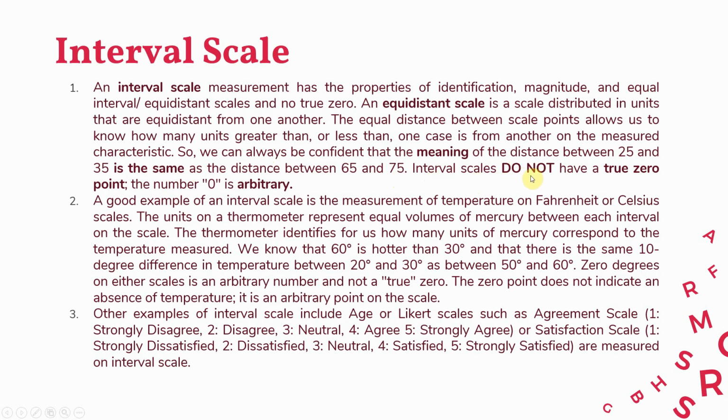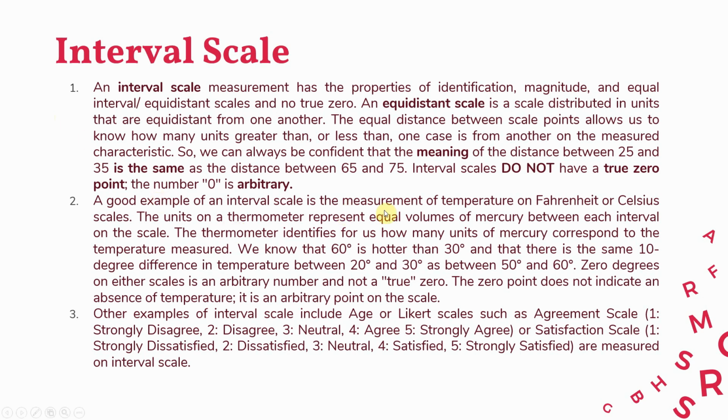Interval scales do not have a true 0 point. The number 0 is arbitrary. In case there is a 0 value in a variable that you have put in interval scale, then that 0 would not be a true 0. We'll discuss this in a minute.